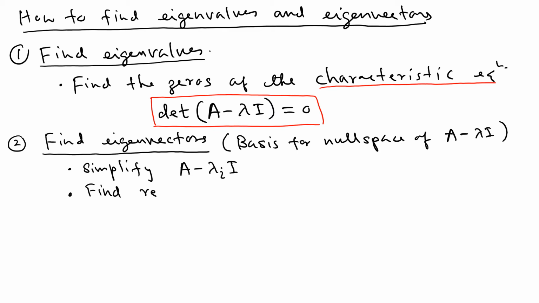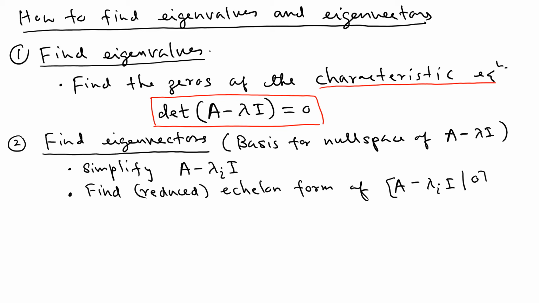I'm going to put this in parentheses because it's not really necessary, and I'm going to explain why we don't really need that. So find the reduced echelon form of the augmented matrix A minus lambda I, slash 0.